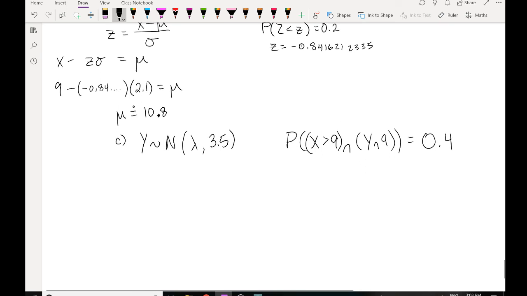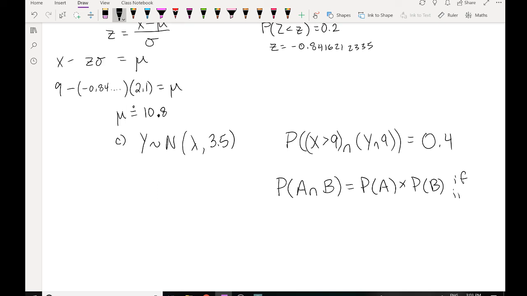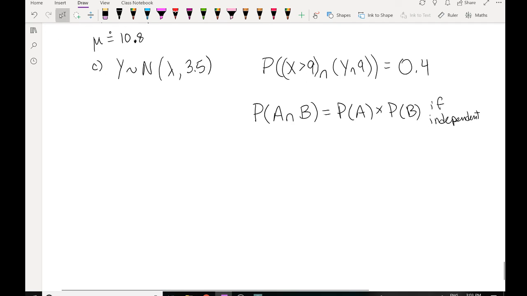When probabilities are independent, the probability of A and B happening together is just the probability of A times the probability of B. So this is true if they are independent.